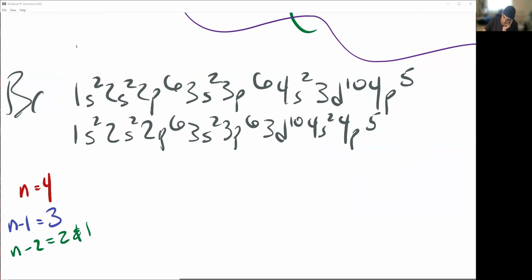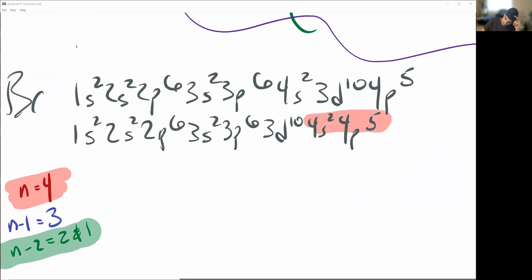So let's highlight those. Maybe we'll start from the outside actually. Red. Here we go. Anything in the n equals 4, or the n value, that's going to be all of these electrons here.